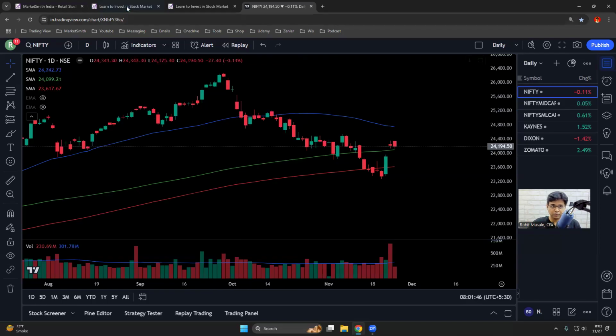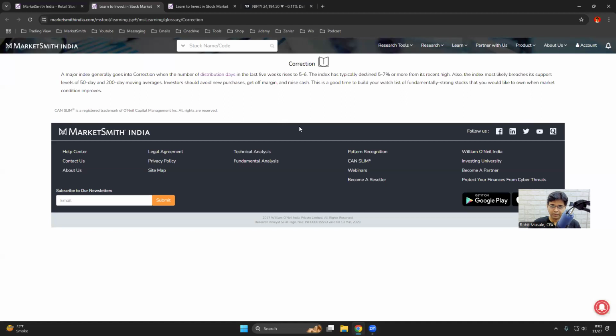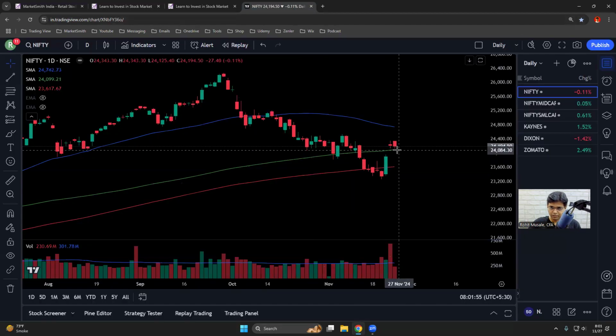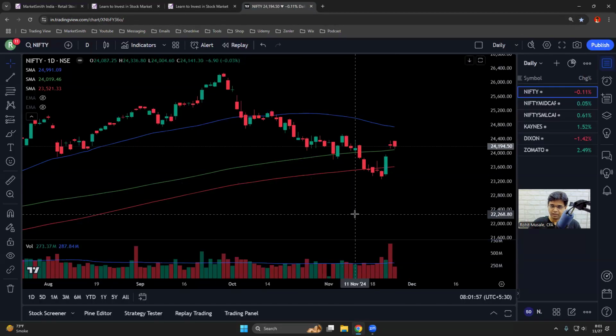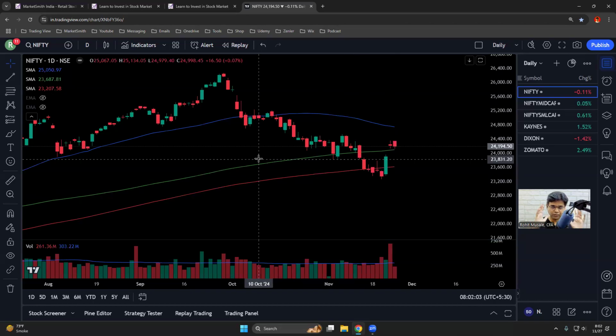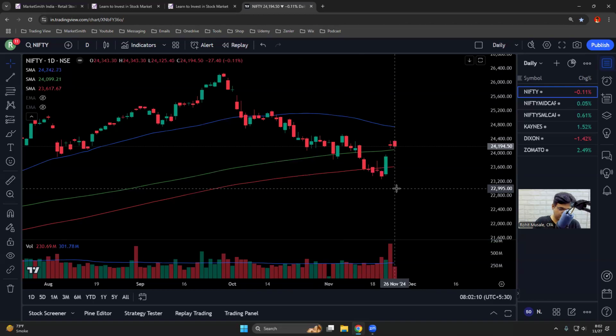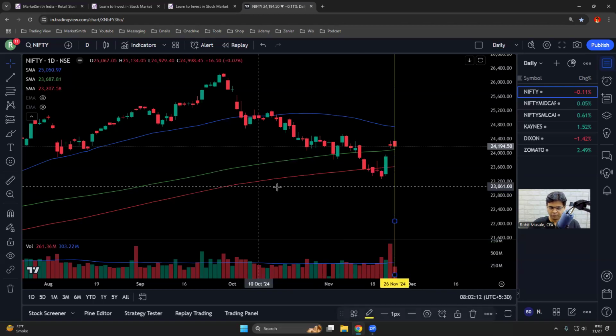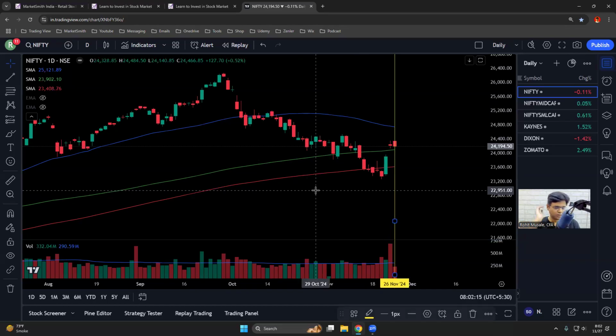So what Market Smith is saying is that if the number of distribution days in the last 5 weeks, so from here you go back 5 weeks, if there are 5 or 6 distribution days between this day and 5 weeks ago, that's a confirmed downtrend. So you mark a line here. You go back 5 weeks. 5 weeks means from 26 November you go to 26 October.